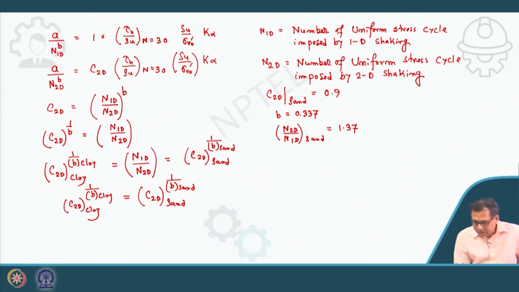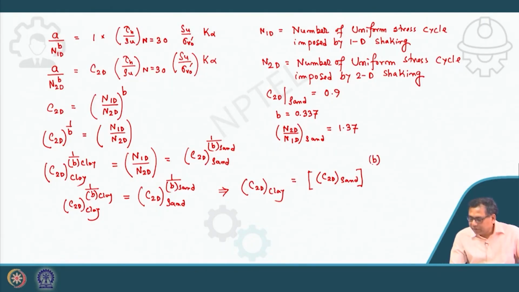Now from here I can write that C2D for clay, that I want to actually determine, is equal to C2D for sand to the power B for clay divided by B for sand.